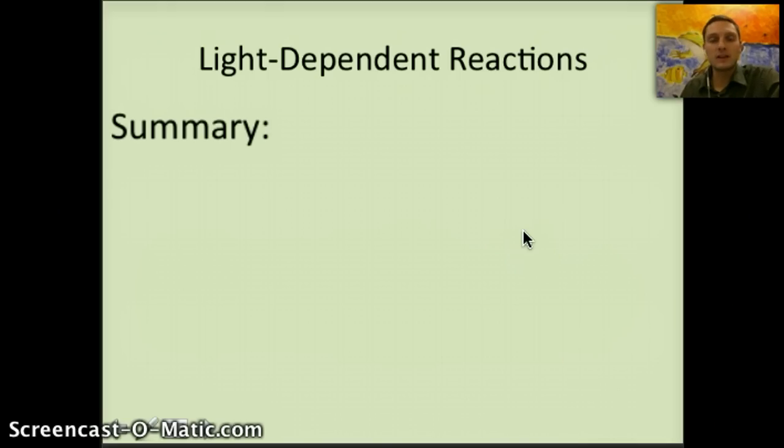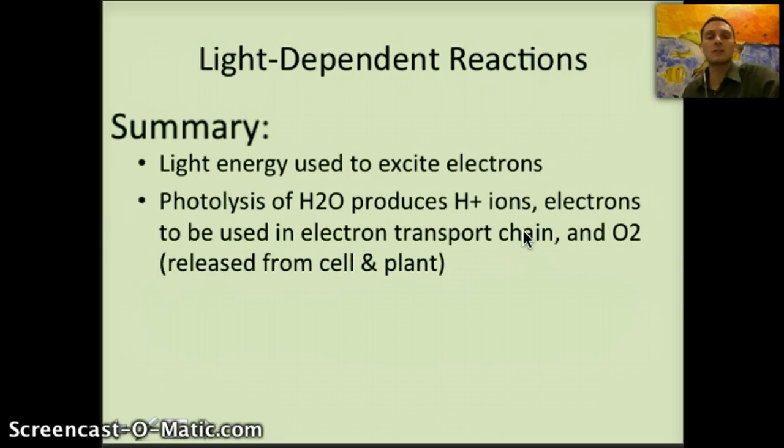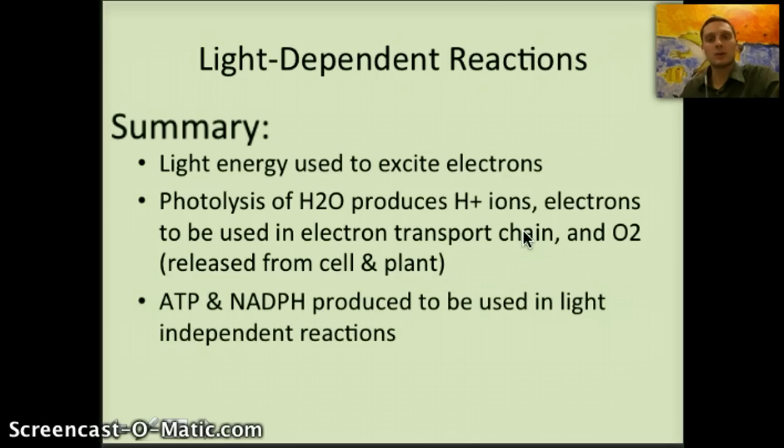The photolysis of H2O produces hydrogen ions and electrons to be used in the electron transport chain, and it releases O2, oxygen, from the cell and the plant. Produced are ATP and NADPH, which are going to be used in the light-independent reactions, the Calvin cycle, and this is the production of the actual sugars, and we'll take a closer look at that in the next video.